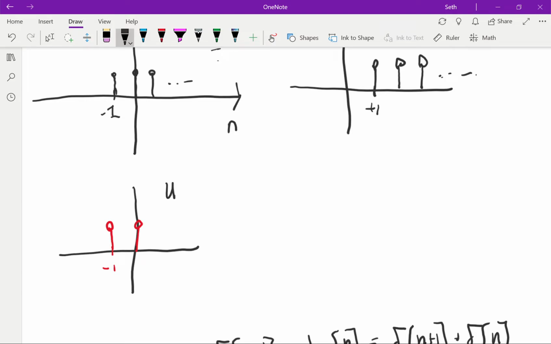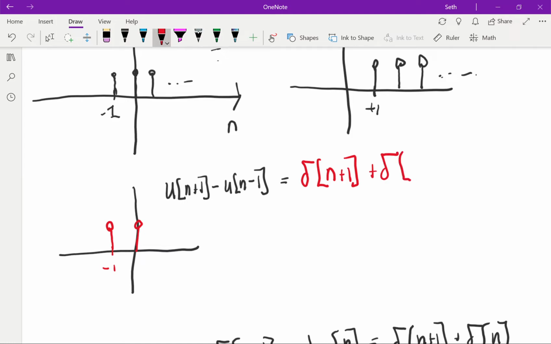That's u of n plus 1 minus u of n minus 1, and that's equal to a series of delta functions, which we can write as delta n plus 1 plus delta n.